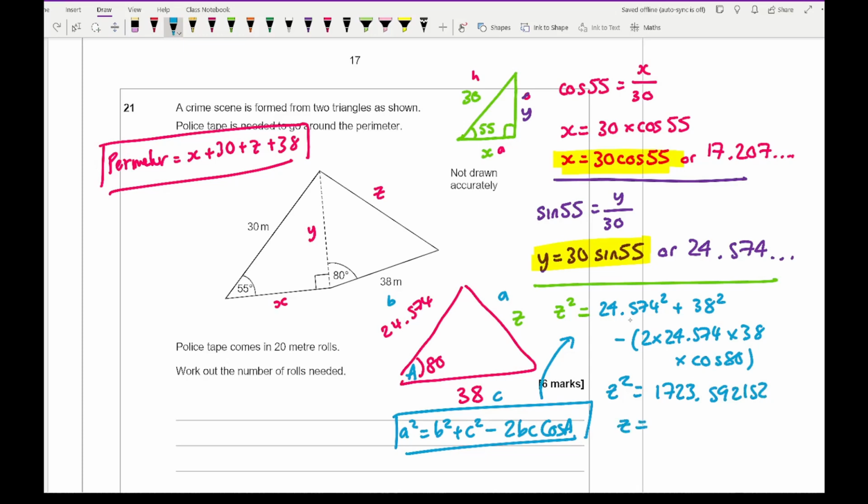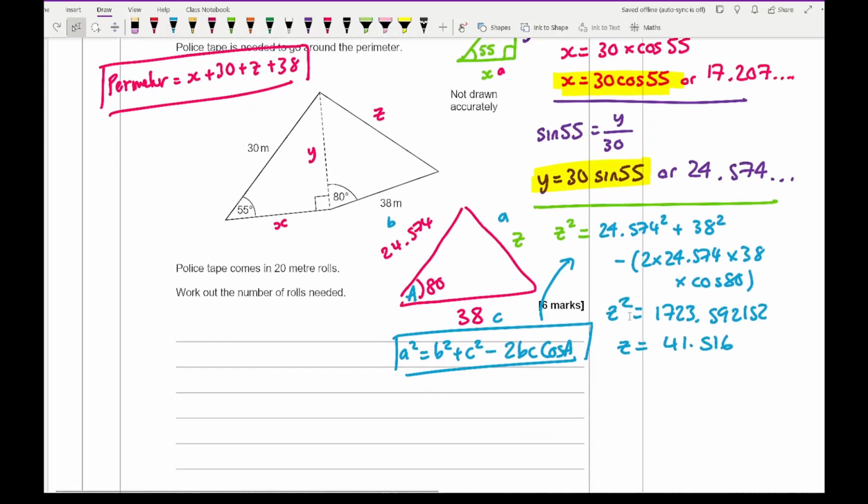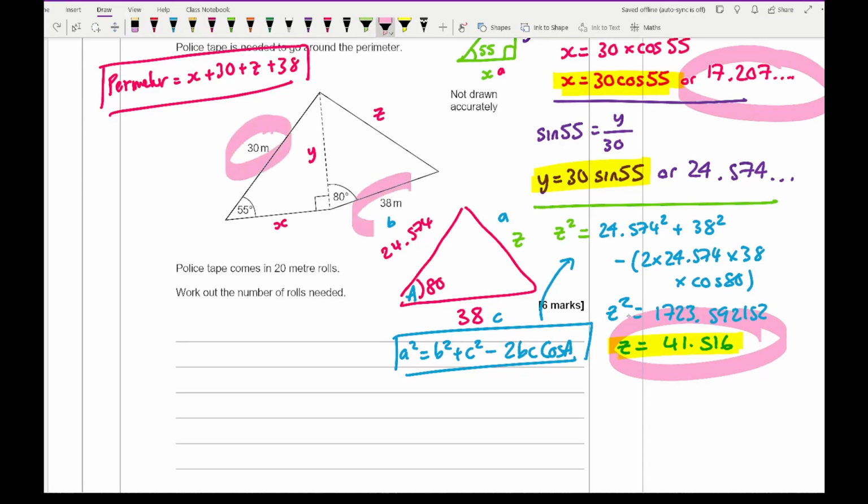So z equals the square root of that, which is 41.516. So then now I've got my values that I need. I've got my z, I need my x, which is here, and I've got my two other values.